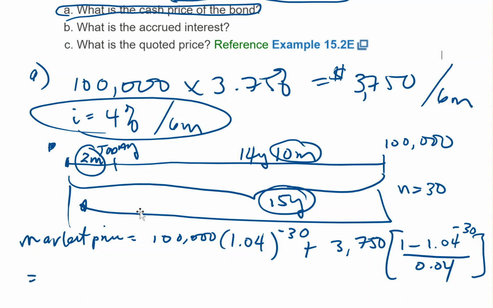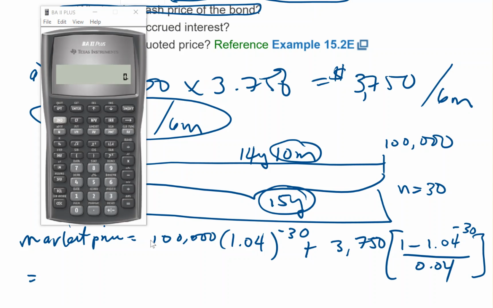I'm going to bring up my calculator and do it manually first. 1.04 exponent 30 negative, times 100,000, equals 30,831.87. Let's store that.